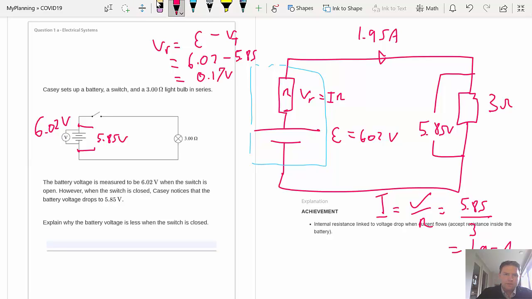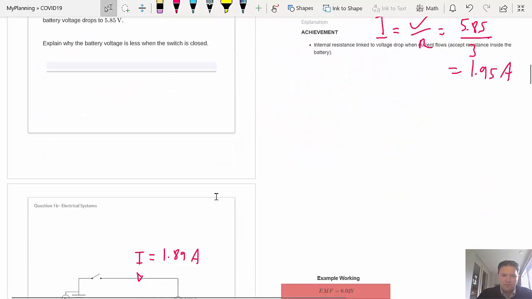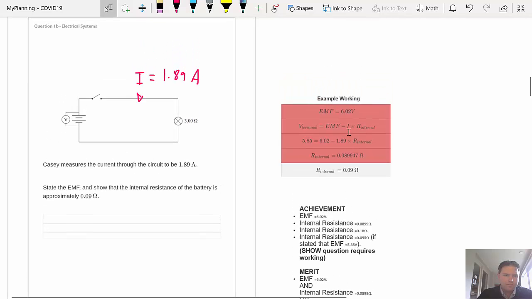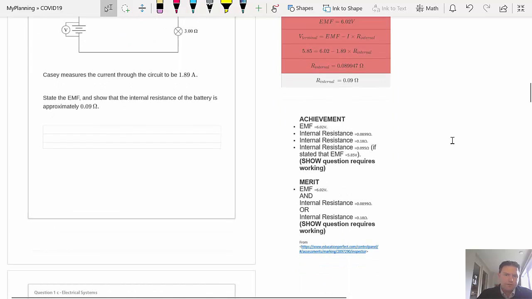I'm looking for the resistance, and R equals V over I, 0.17 divided by 1.95 gives me 0.087 ohms. And what were they looking for in their answer? 0.89. Yeah, that's fine. So that is a merit question.